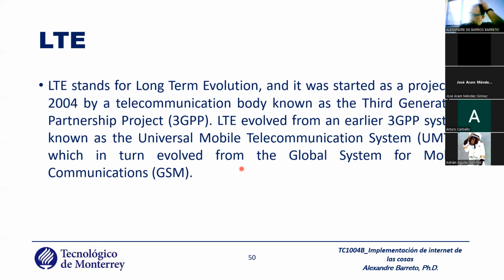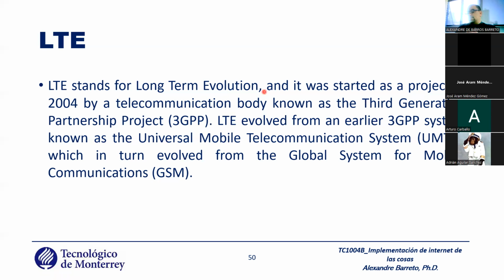And the 4G was designed to transport a lot of data, to transport video, to transport voice. But the 4G was not designed to support millions of devices. Okay. Another thing, the 4G is an expensive technology. It's not cheap. Okay. What happened? 4G was designed, I believe, 20 years ago.